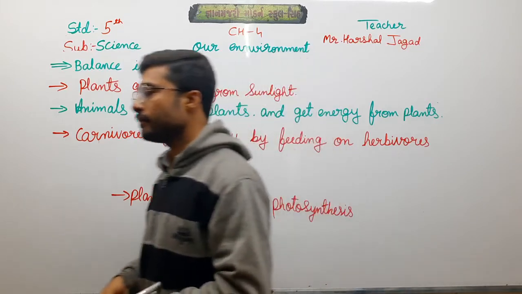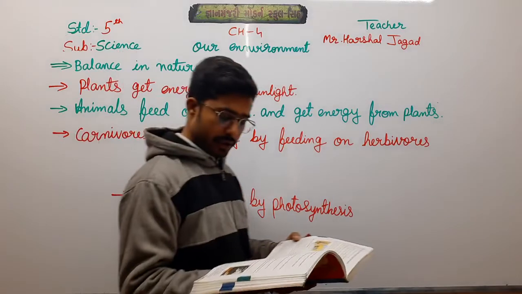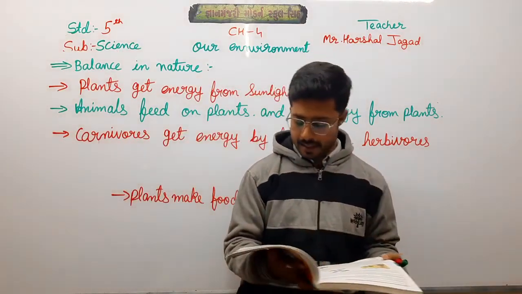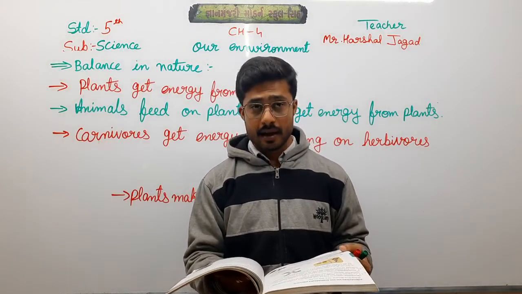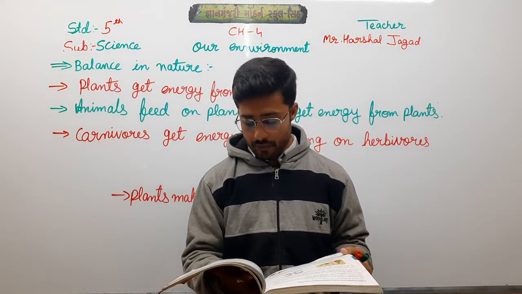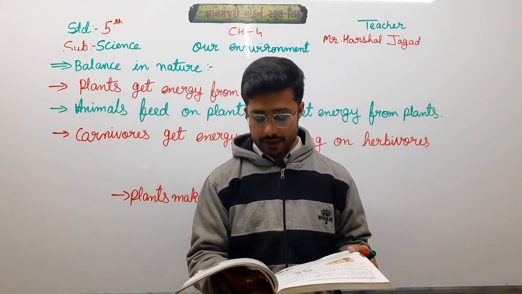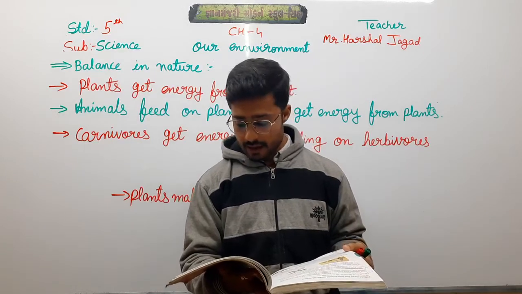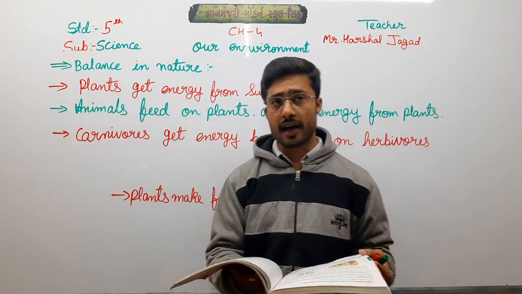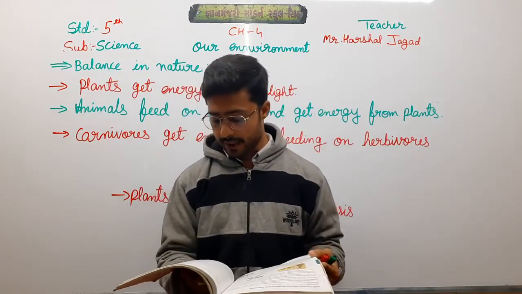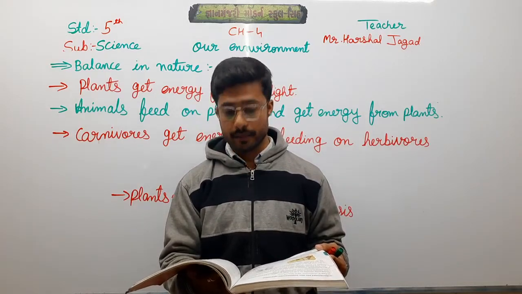So let us read: the delicate balance in nature between different animals and their surroundings has been upset by human beings. Then after, you know that plants get energy from sunlight, animals feed on plants, then carnivores get energy by feeding on herbivores. Now forests have been cleared either for agriculture or for building townships.